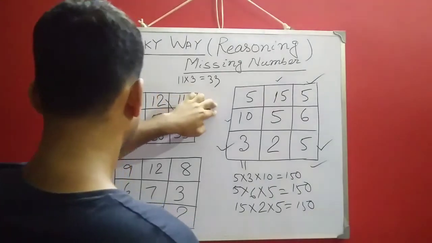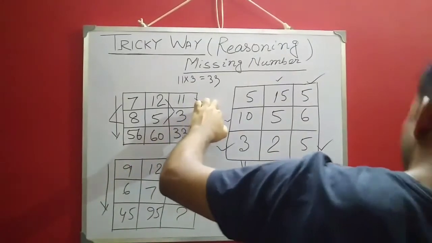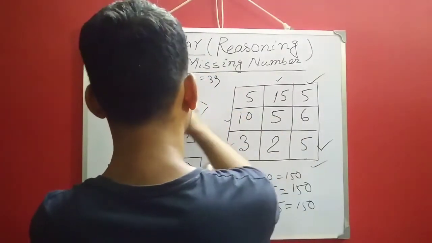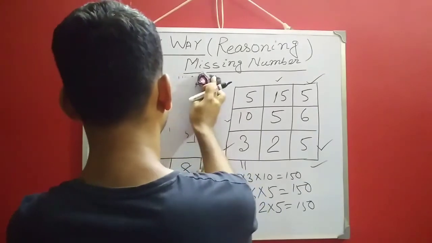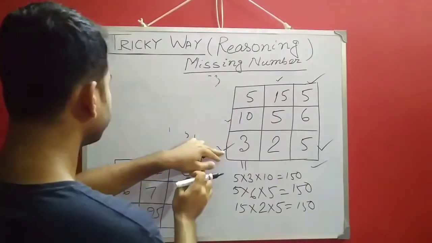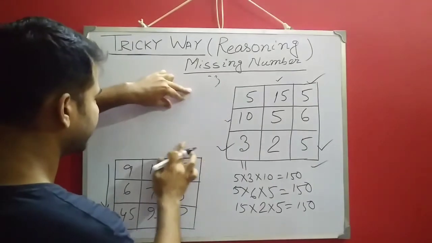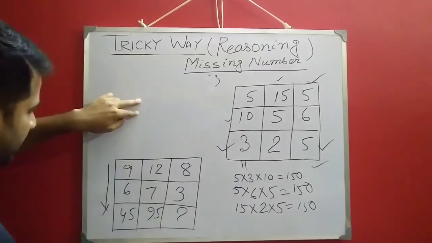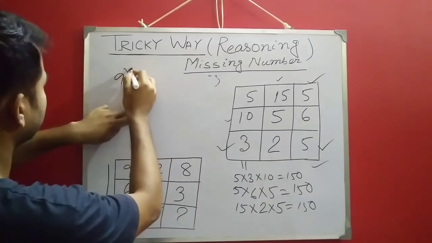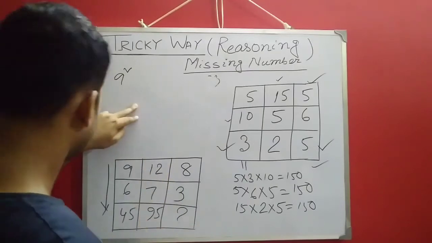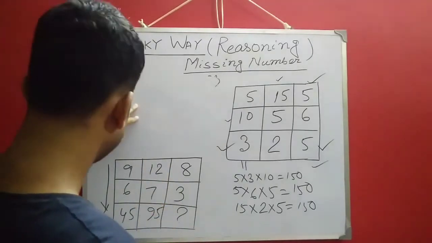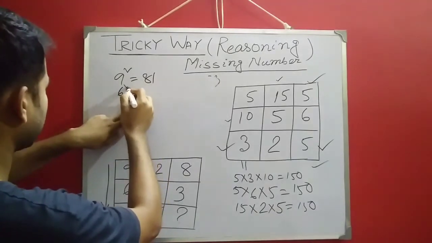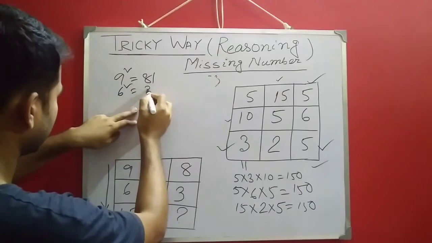So in this case, what do we do? 9 square equals 81, 6 square equals 36.